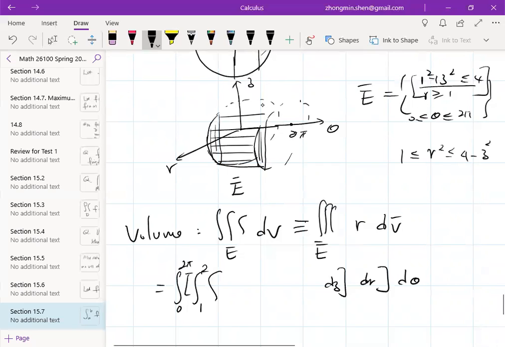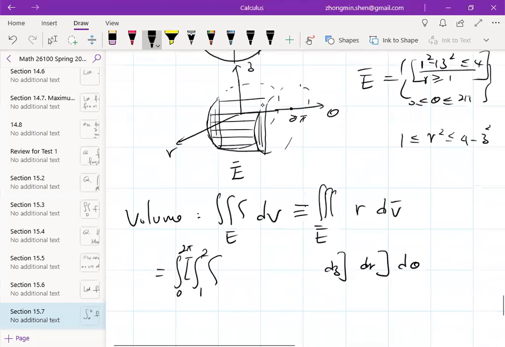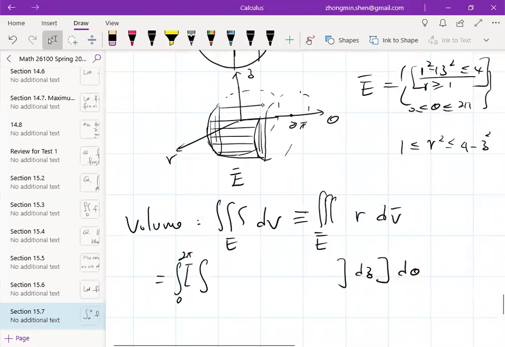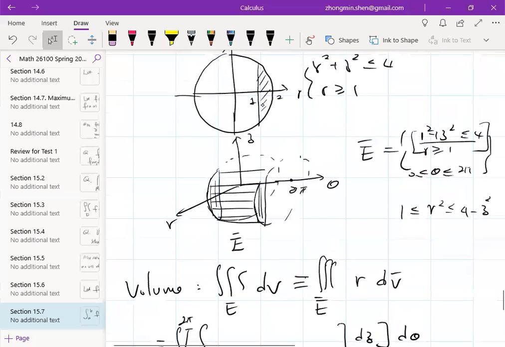Okay, so dz first, okay? The smallest possible value for Z is going to be, you can look at this picture, it's better.